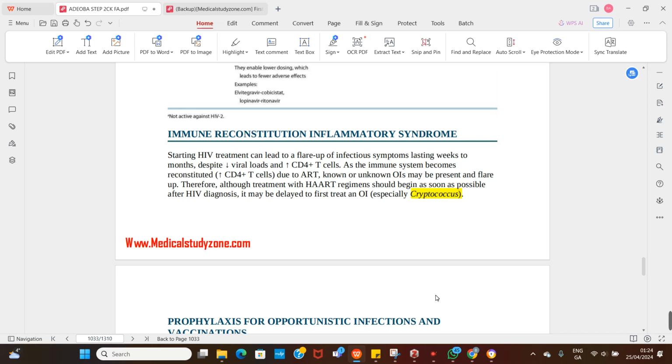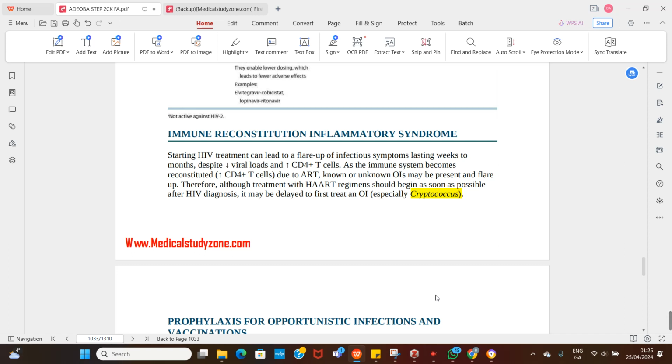Very, very important, because once you give your ARTs, the immune system becomes built up and stronger. Your CD4 count elevates. It can trigger a massive inflammatory response that can cause a flare of the underlying opportunistic infection, which might be very difficult to control. So most of the time, you just give them steroids.